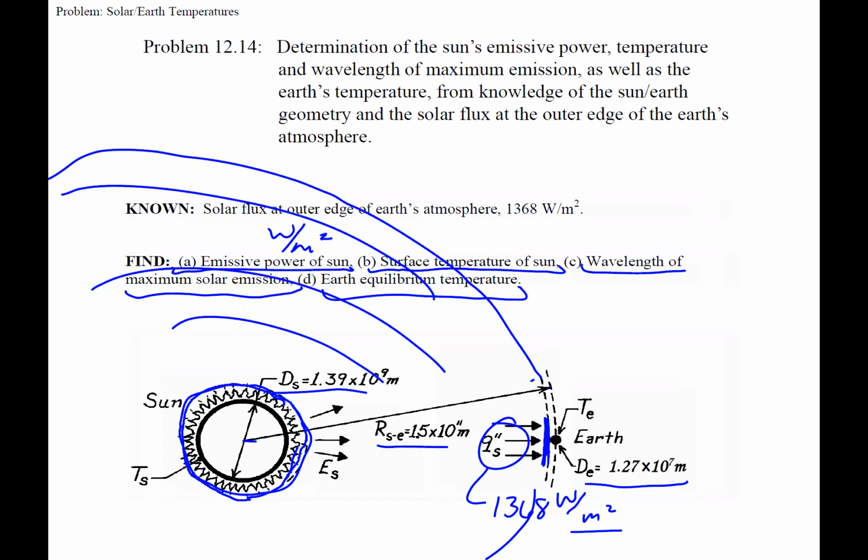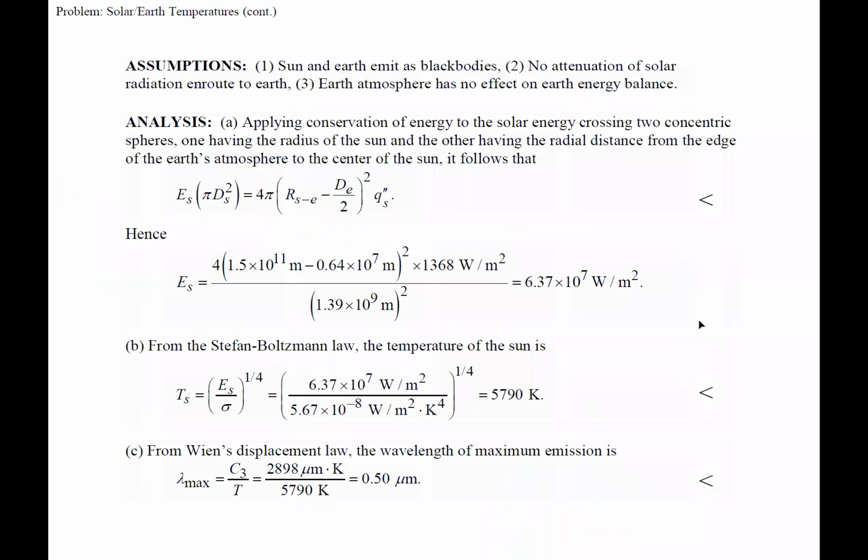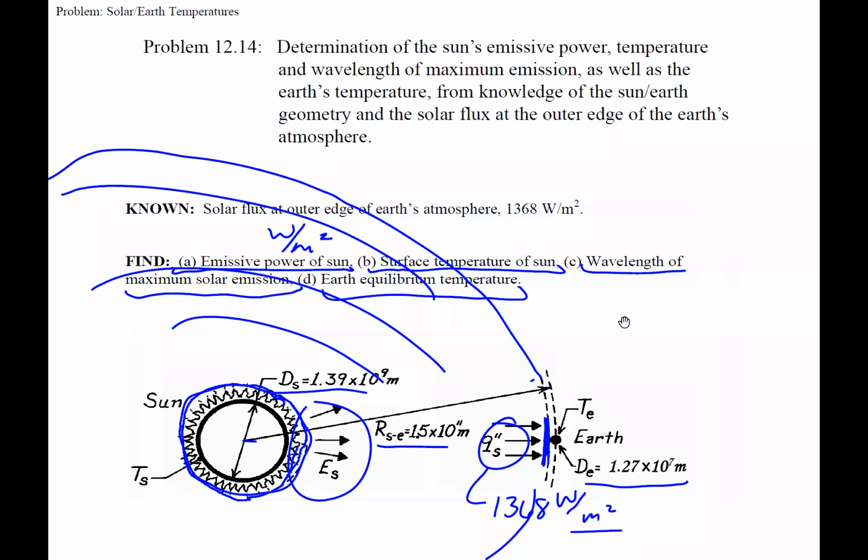So that's what we're going to utilize to get the emissive power leaving the Sun's surface. We're just going to do the conservation of energy on these two spheres. We have the sphere here and its power coming off of it, and then we have the sphere here and the power that was measured there.